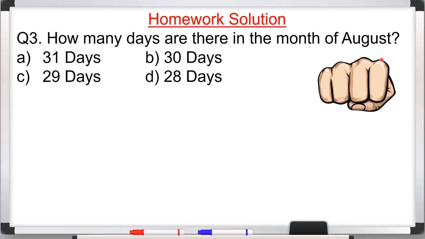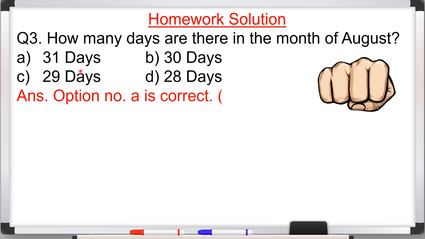So here August is at an upper impression, so there are 31 days in the month of August. Okay, so here option number A is correct, 31 days. You can count from the left side or the right side. Both sides are correct.